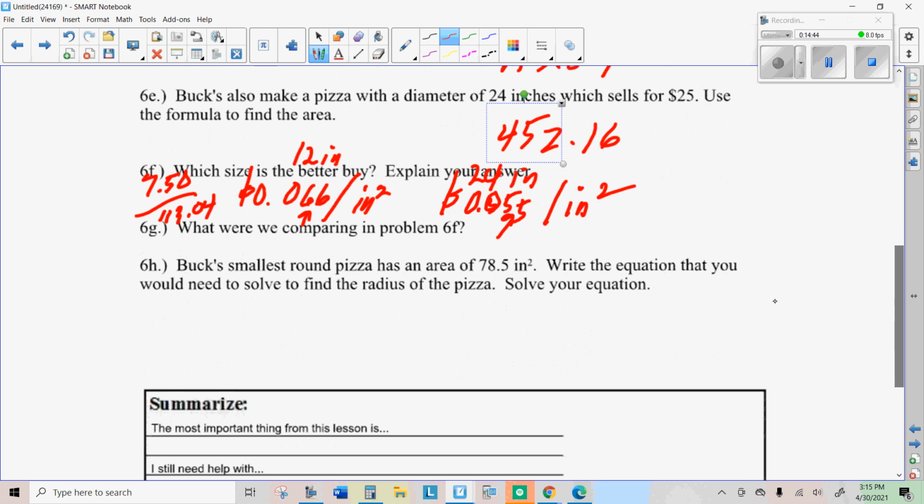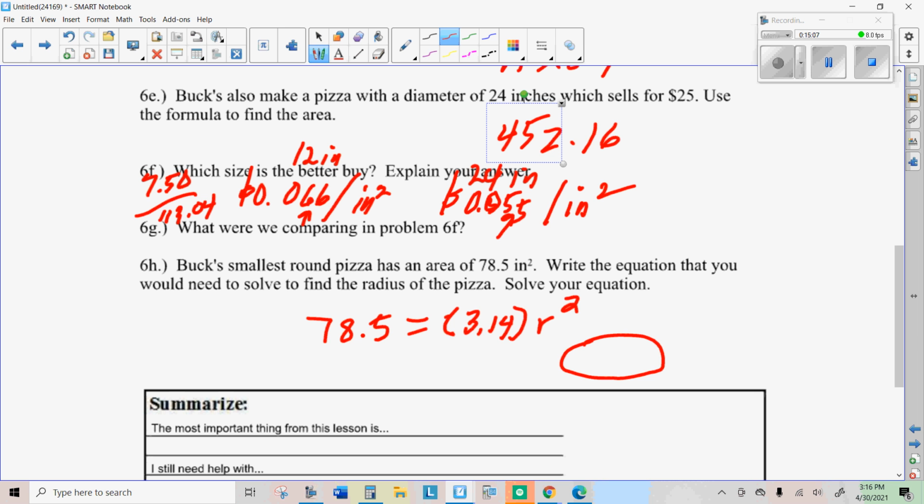So Buck's smallest round pizza has an area of 78.5. Write the equation that you would need to find the radius of the pizza. And I'm going to use 3.14 for pi, but you would do that times radius squared. Now when you solve this, you're going to backtrack. And so I'm going to remind you how to do that.